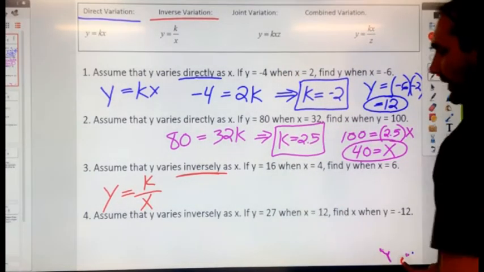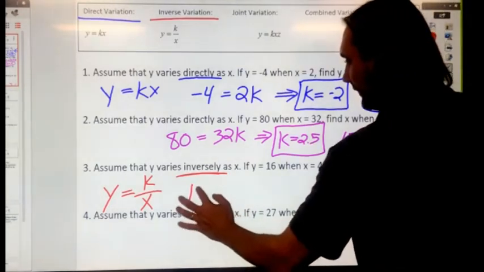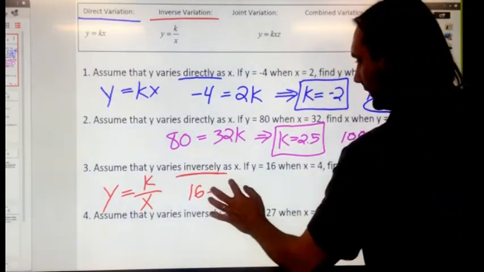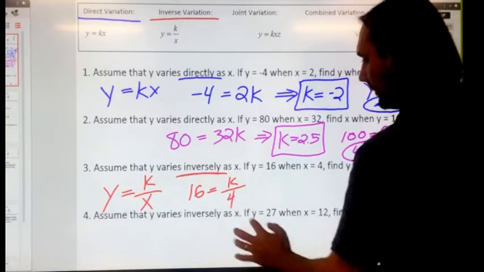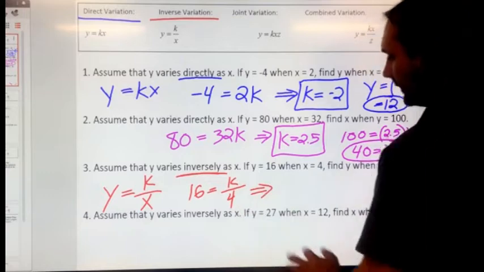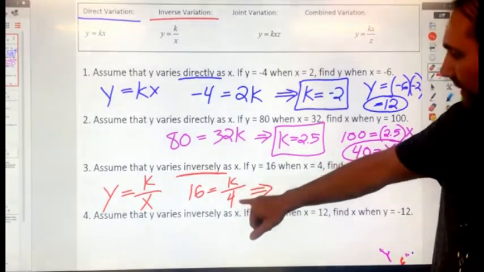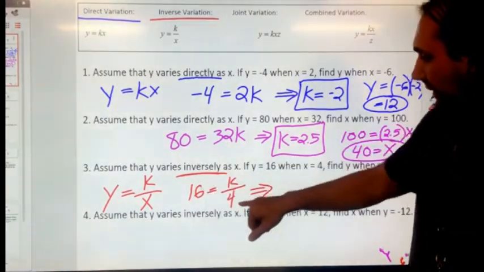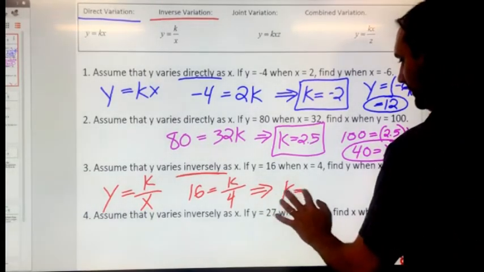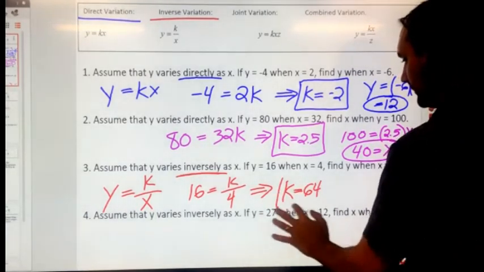First part of it gives me y is 16. So 16 equals, x is 4, so k over 4. Again, all of these we're going to solve for k first. So the opposite of dividing by 4 is multiplied by 4. 16 times 4 is 64. So k equals 64.